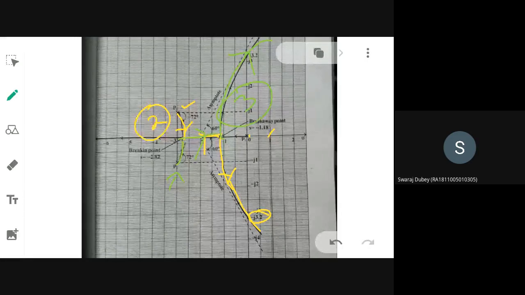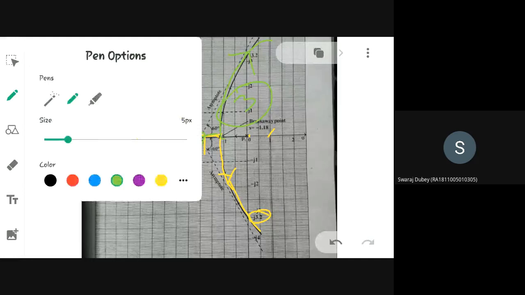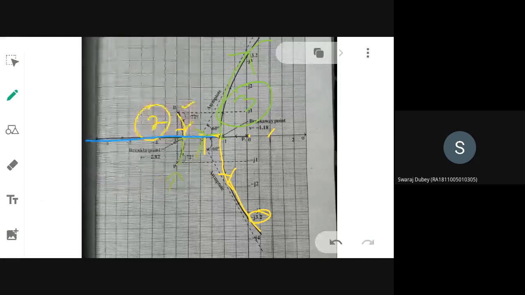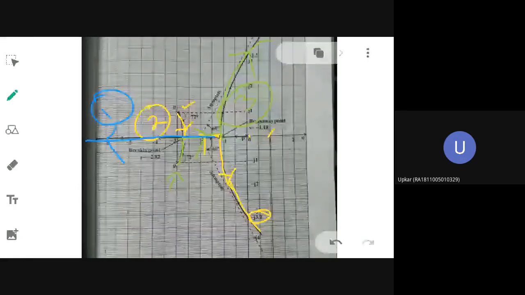So totally 3 branches. The other branch is along the real axis, this one in blue. This is 1. Understood? How many root locus branches are you having for this problem? 3. Blue color is the first branch, yellow color the second branch, green color the third branch. This is what is called as root locus.